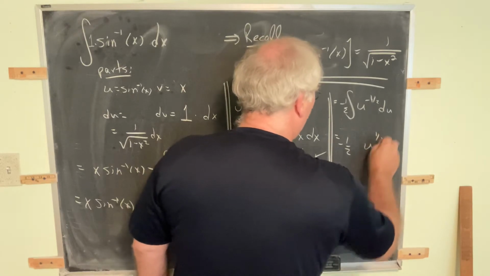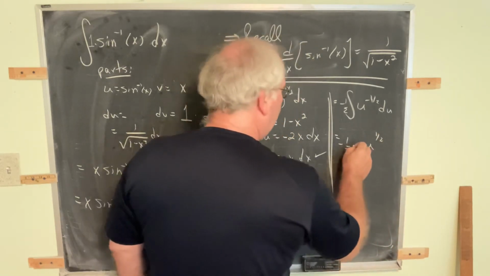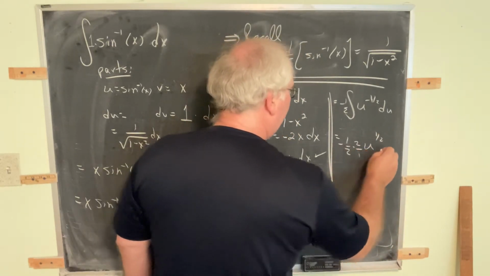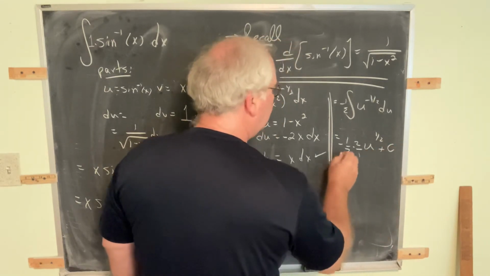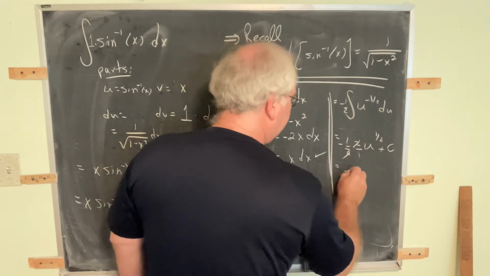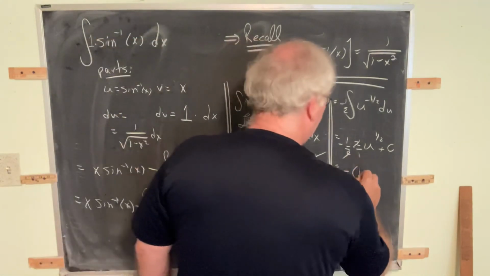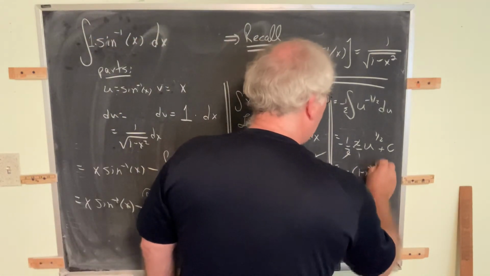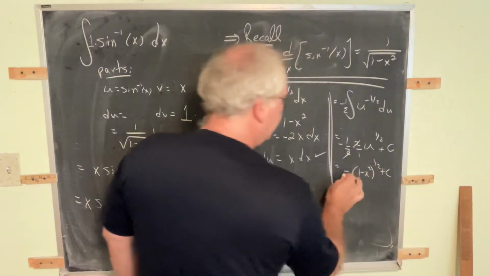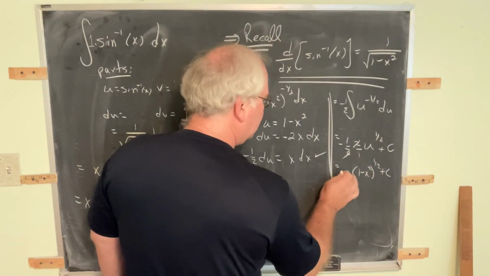So that's positive 1/2. Divide by 1/2 is the same thing as multiply by 2. And so the 2's cancel. This is negative. What was u to begin with? u to begin with was 1 minus x squared to the 1/2. And this has a negative sign with it.